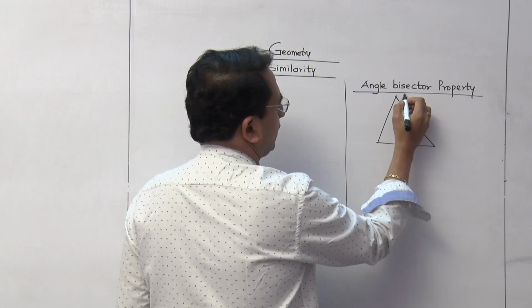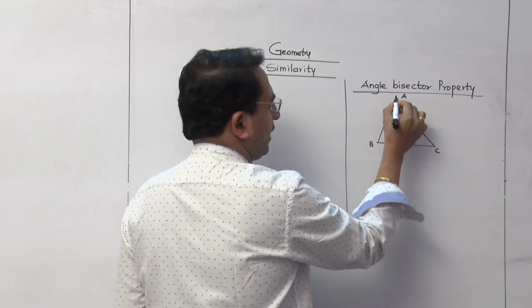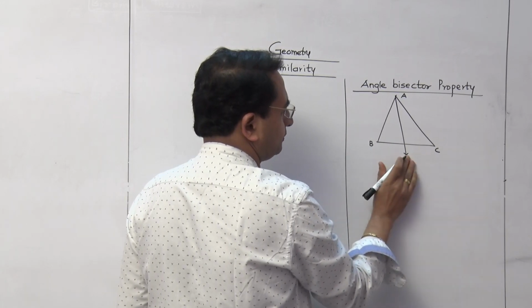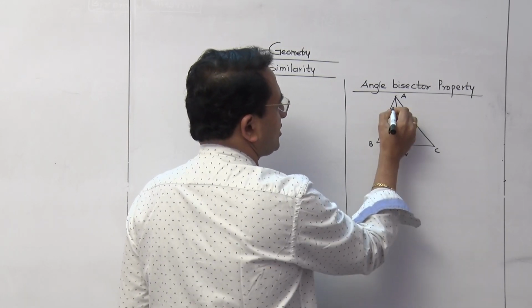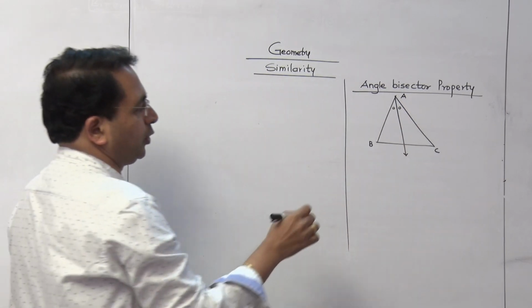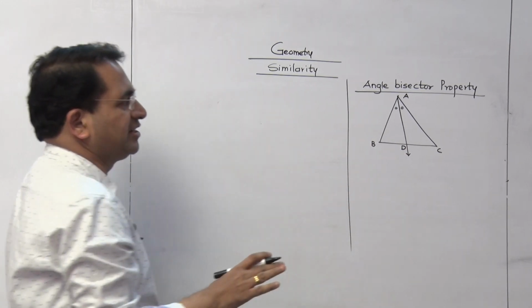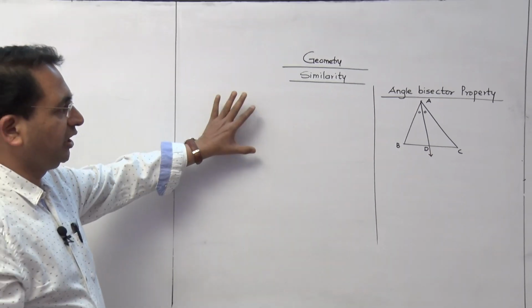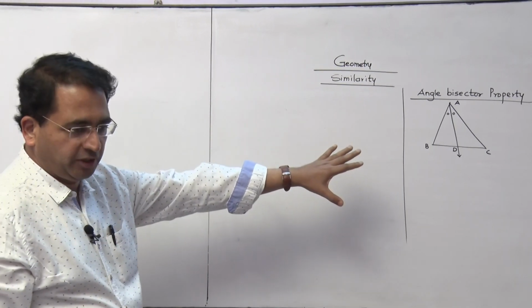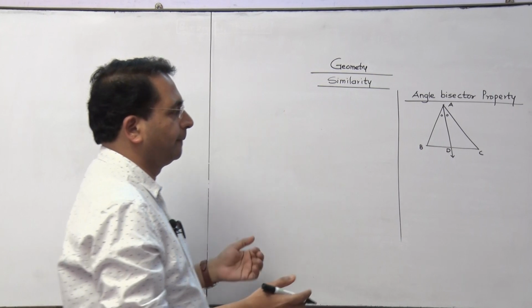This is triangle ABC. And if I draw the angle bisector like this, which divides this angle into two congruent parts, this point is point D. Now we are going to take one question immediately based on this property so that you will understand what kind of questions you can expect here.